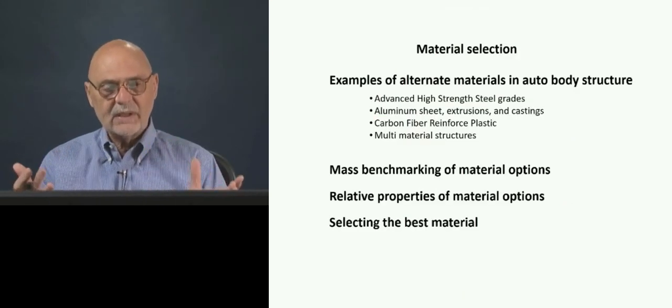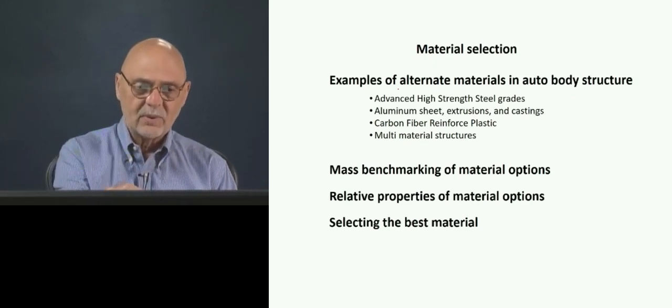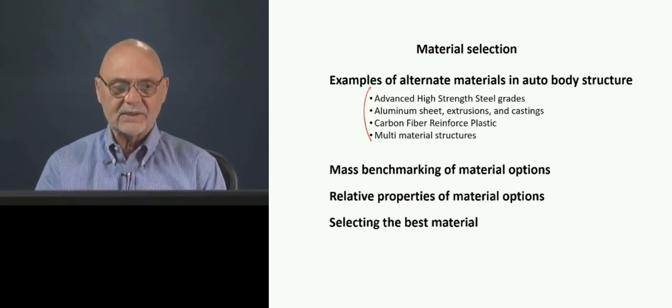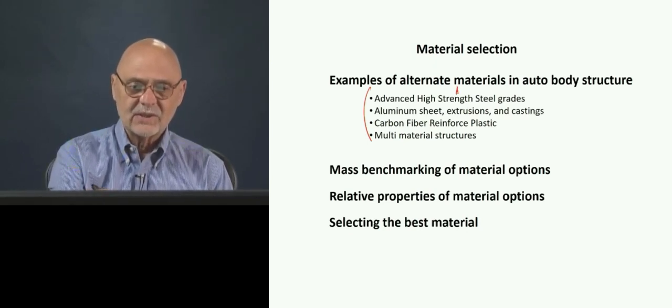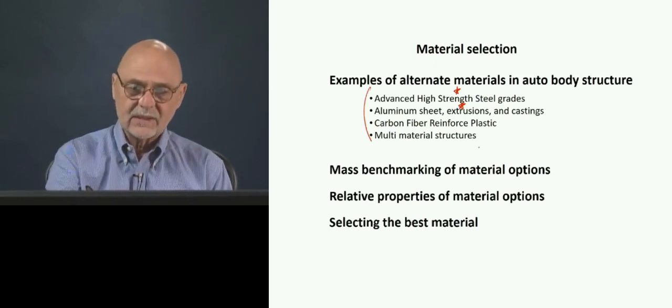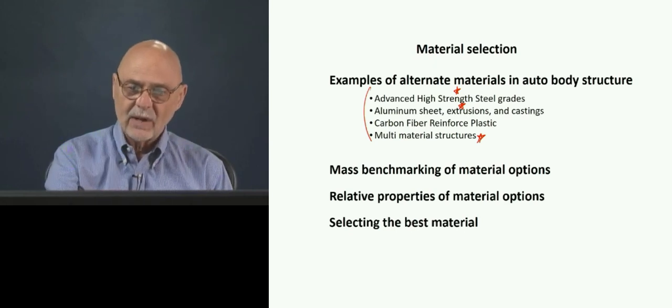In this lecture, we looked at some examples of materials used in auto body structure. It's a relatively limited list. The main contenders are advanced high-strength steel, and aluminum in sheet and extrusion, in some cases combining those two materials, though this is still pretty rare.